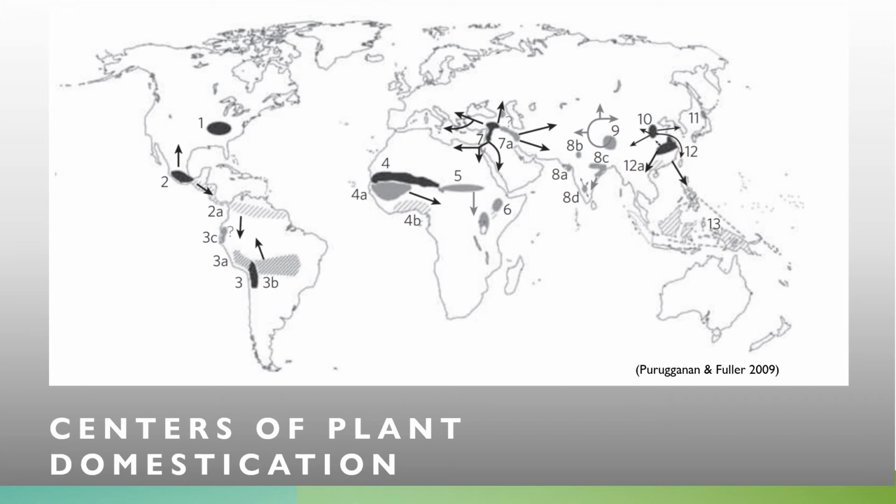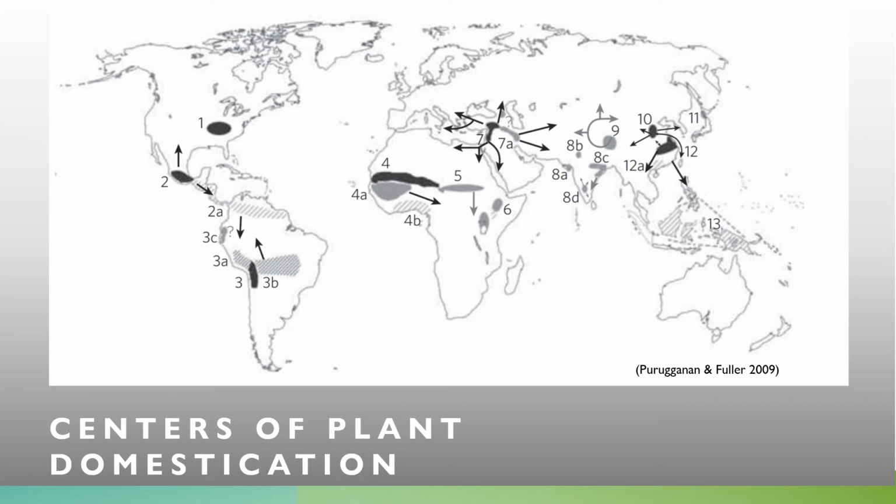Accepted primary domestication centers are shown in black, and potentially important secondary domestication centers are pictured in gray. The hatched areas show quite recent research results, mostly based on archaeobotany. Arrows indicate major trajectories of spread of agriculture and crops out of some centers.